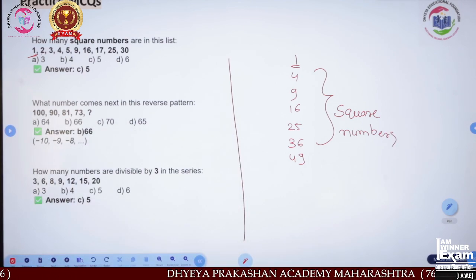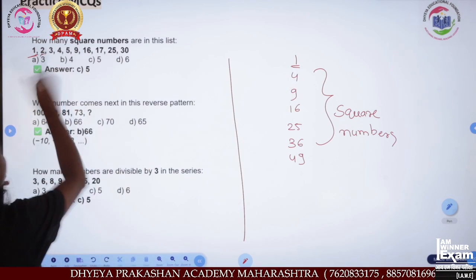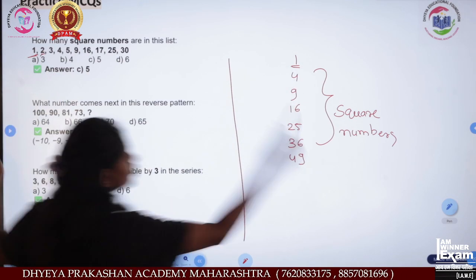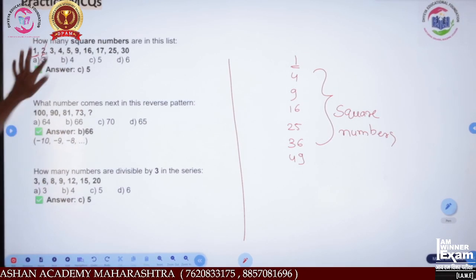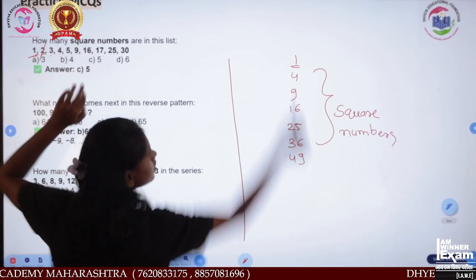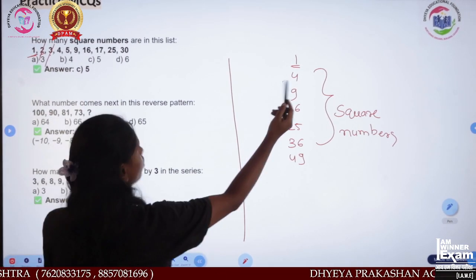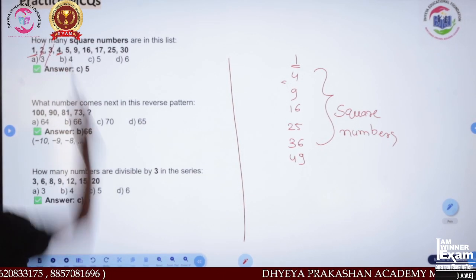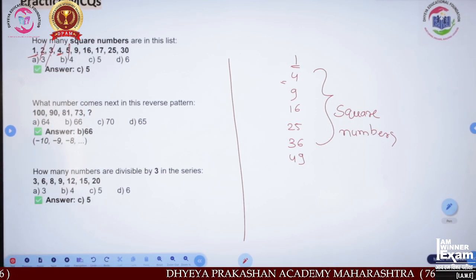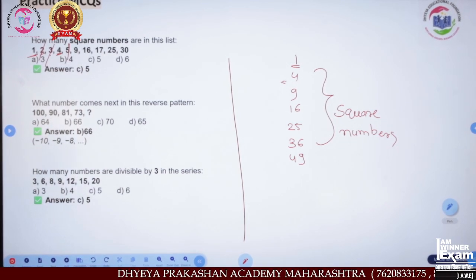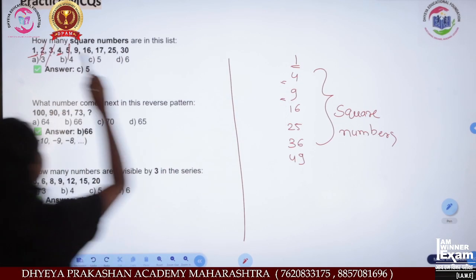Now let's see. 1 is the. Then 2 is not the. So 2 is not the square number. Then 3 is the. 3 is also not the square number. Then 4 is the. Yes, 4 is here. So 4 is the square number. Then 5 is the. No. Then 5 is not the square number. Then 9 is the. So 9 is the. Yes. So 9 is the square number.